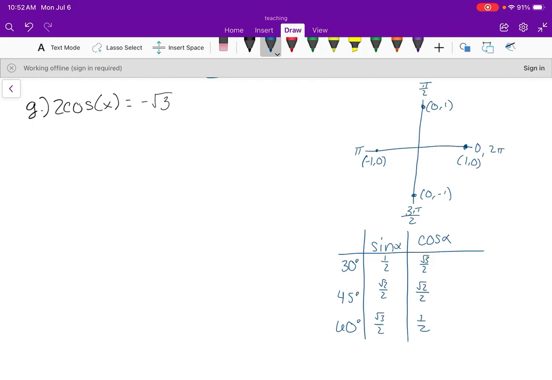So first, we should get cosine alone. So to do that, I'm going to divide both sides by 2. So I get cosine x equals negative square root 3 over 2.